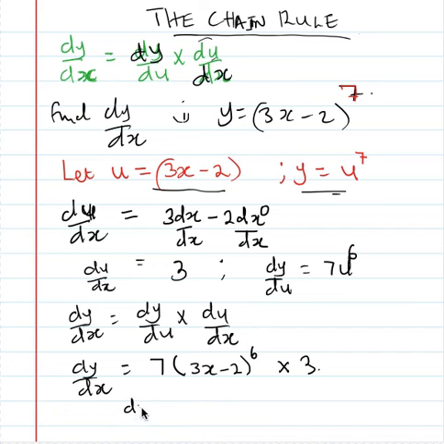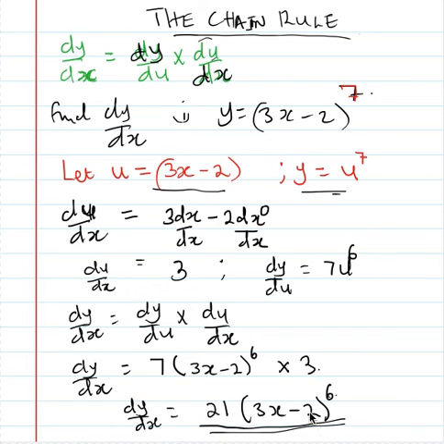Our final derivative will be 21 into (3x minus 2) to the power of 6. This is our final derivative, and this will be our answer. I hope you are understanding and following.